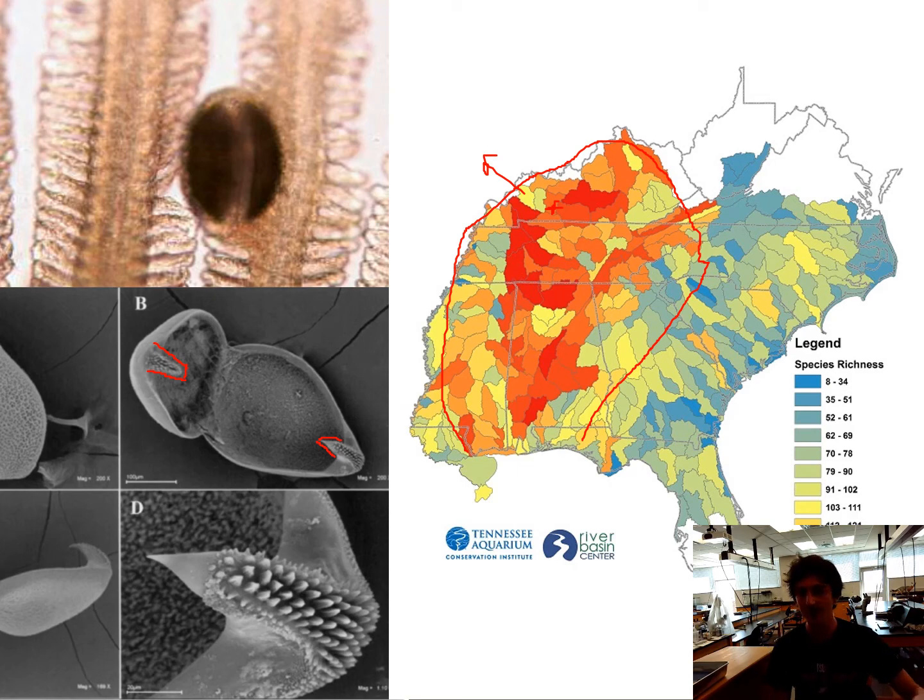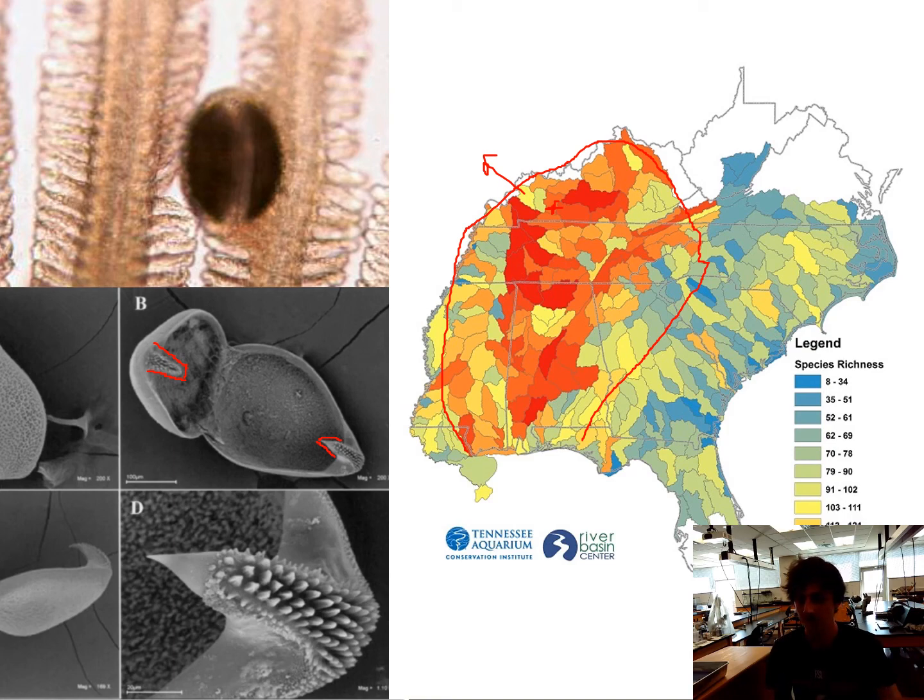And so if you look at these mussels, they're really susceptible to sedimentation. So as we plow fields with our steel plows, we're disrupting that topsoil, and that topsoil flows into these streams, where it can cover up these mussels, reducing habitat even more.